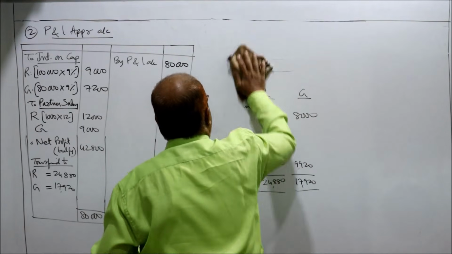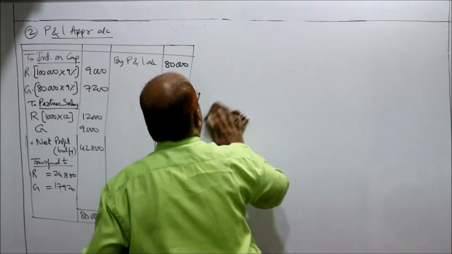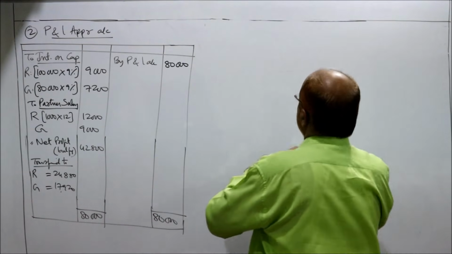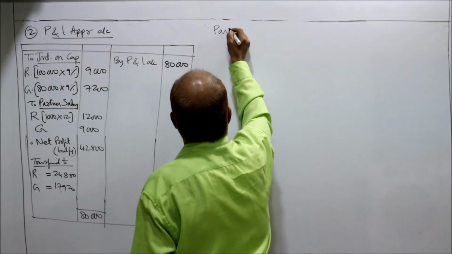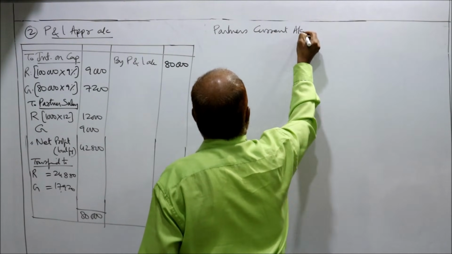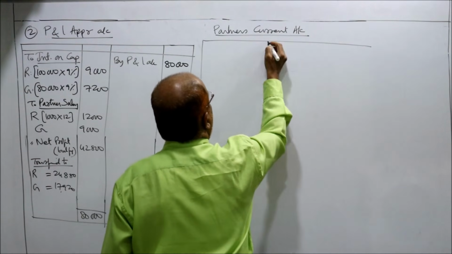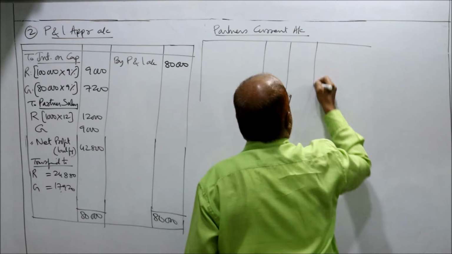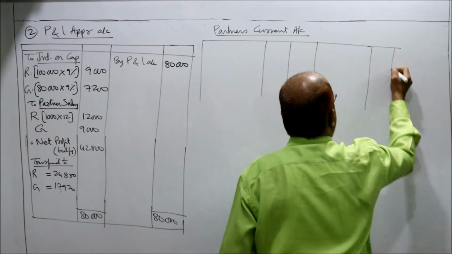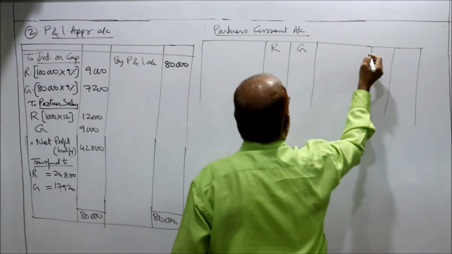Now we have to make the current accounts. Partners current account. It is asking you to make current accounts. Ravi and Giri.